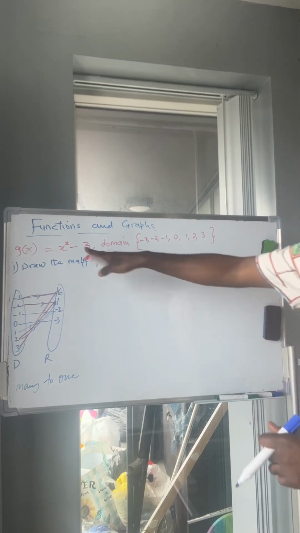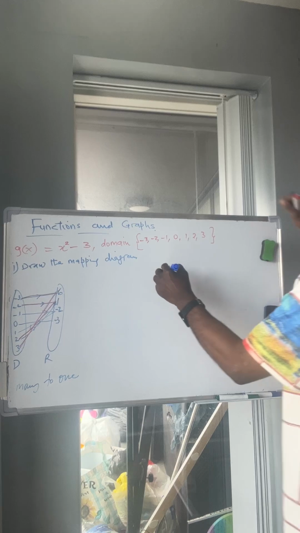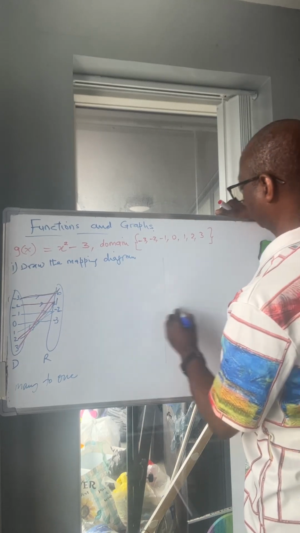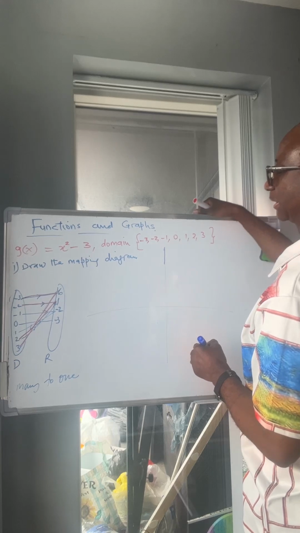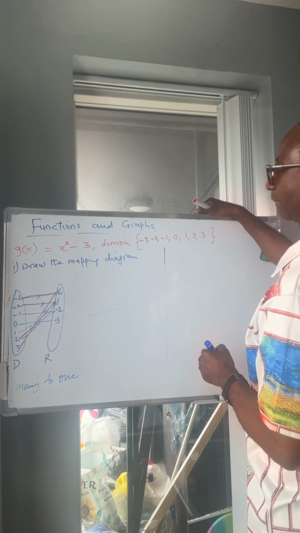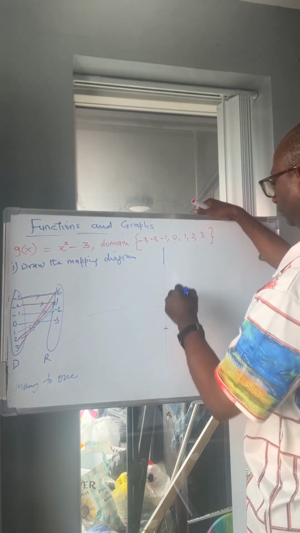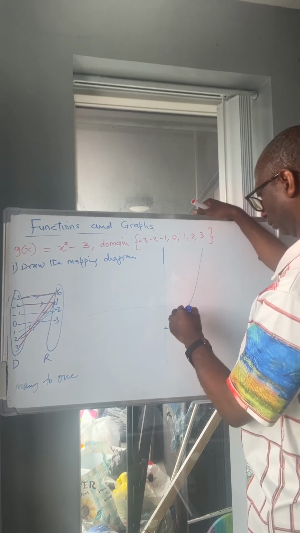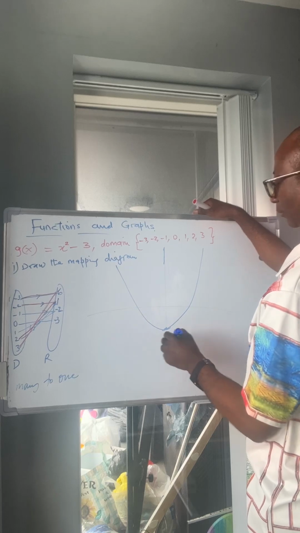this is a quadratic equation to start with. The y-intercept is minus 3.